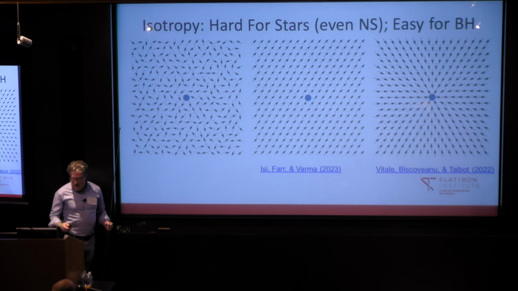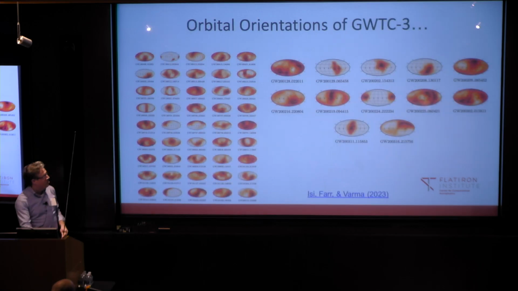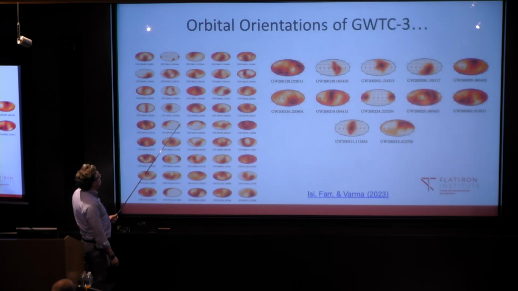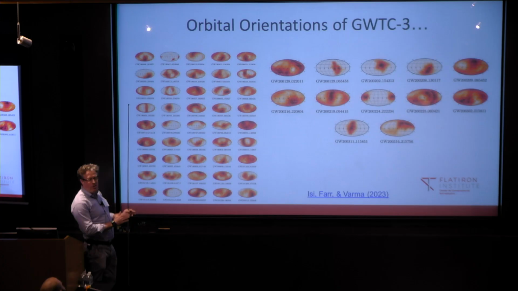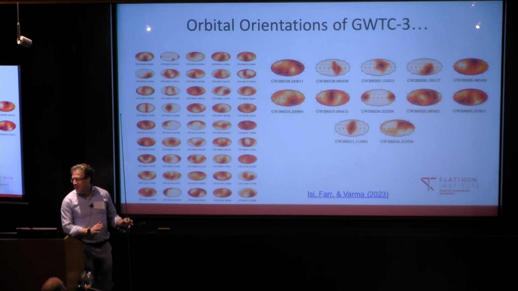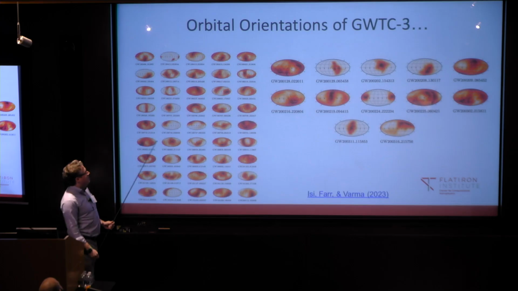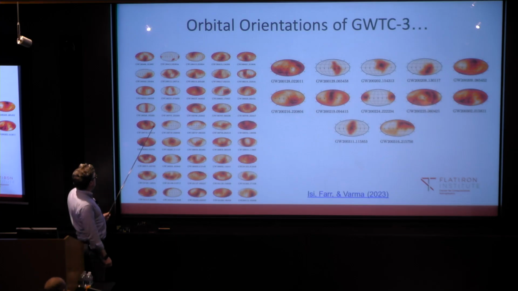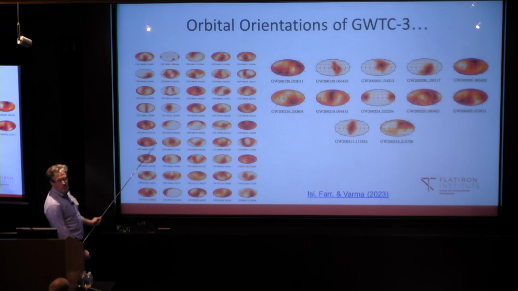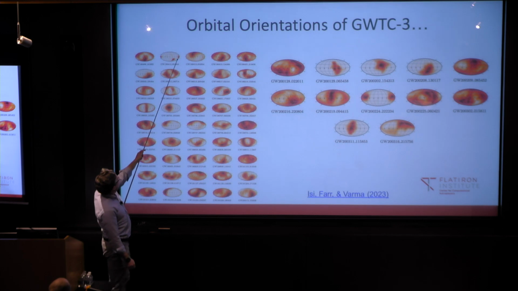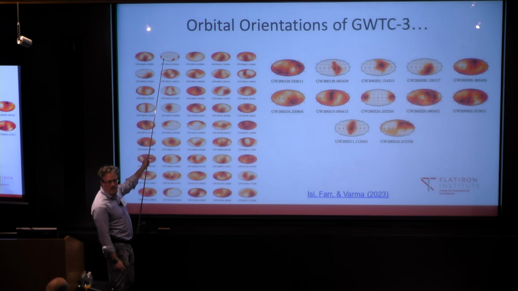Okay? And we can place limits on this. When we do that, this is a beautiful visualization, actually, that Max worked up. This is where the angular momentum vector of all of our black hole mergers was pointing on the cosmological sky. For some sources, we have really no idea where it was pointing. For other sources, we know rather well where it was pointing.